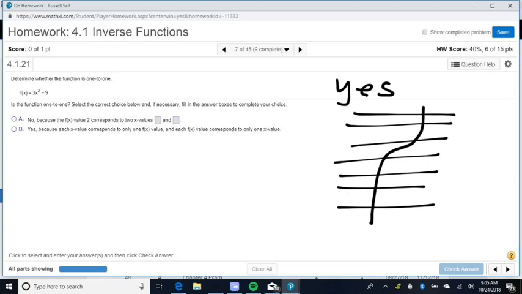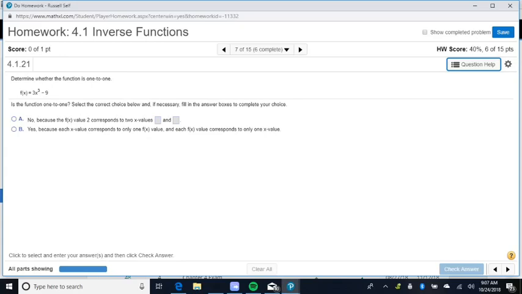So they want us to choose some values to choose it because each x value corresponds to only one f of x value, and each f of x value corresponds to only one x value. Okay? Now, so what they want you to do is see that the two things would come out equal.